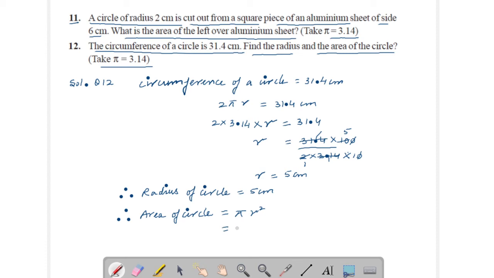Value of pi is 3.14 into r is 5, 5 into 5 centimeter square equal to 78.5 centimeter square. This is your answer.